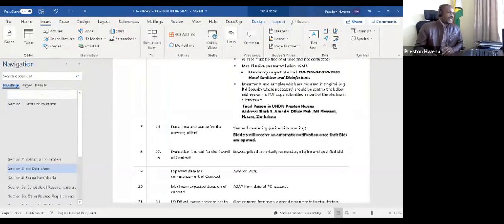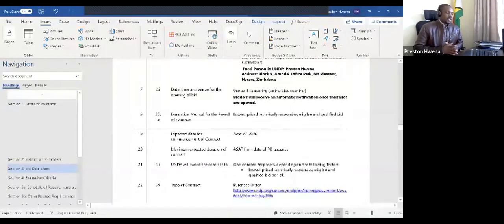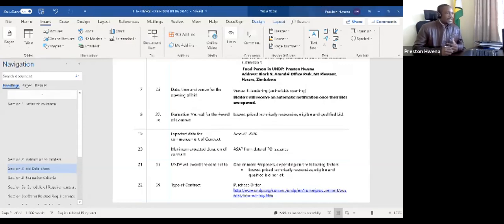Then our evaluation method. Please take note of this evaluation method so that you will not have any issues with your tender. We use what we call the lowest priced, technically responsive, eligible, and qualified bid. What does this mean? Our bid evaluation is mainly in 3 categories or 3 strategies.